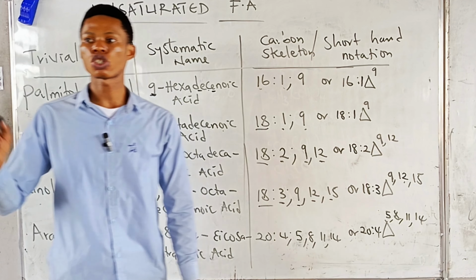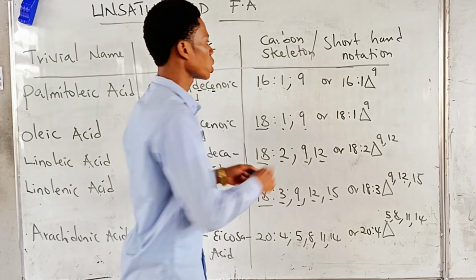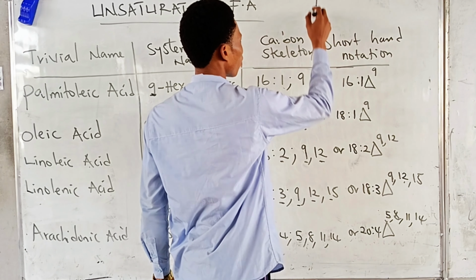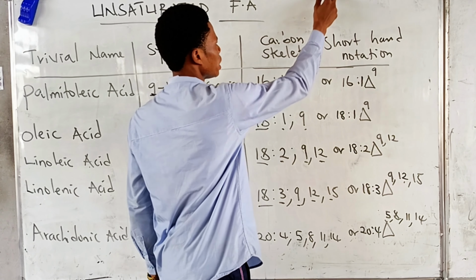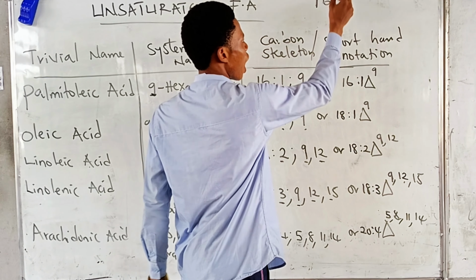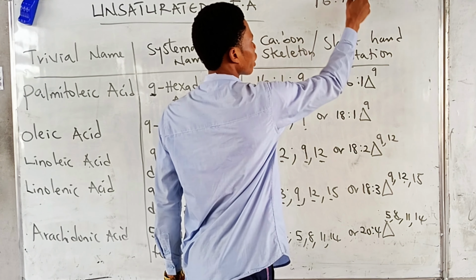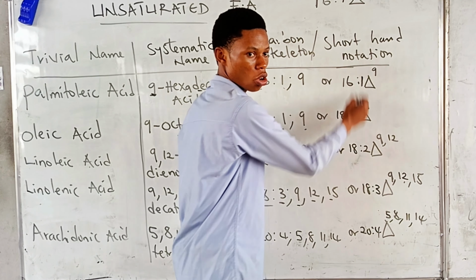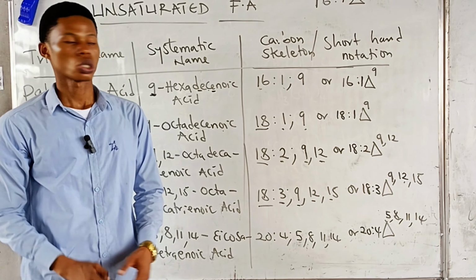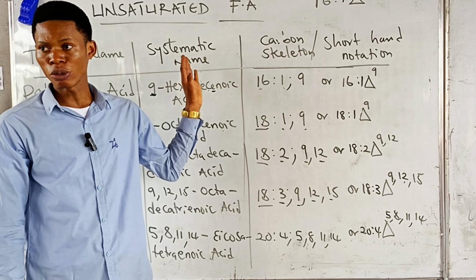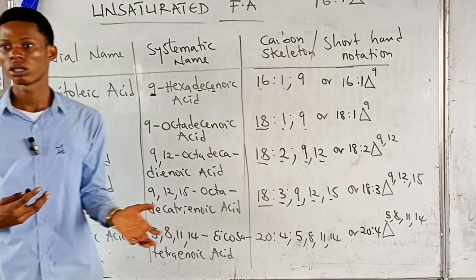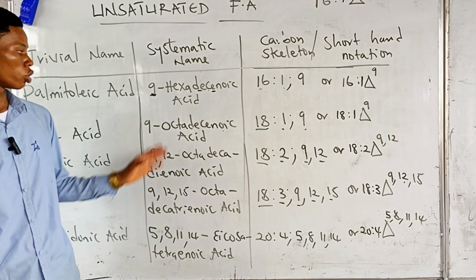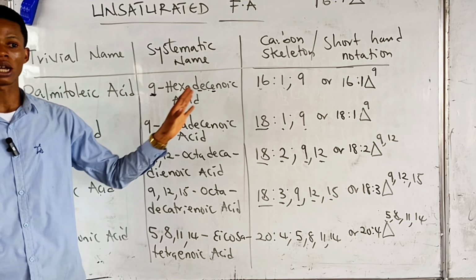So if you are asked to write the shorthand notation, always use this. Let's say for palmitoleic acid, 16 carbons, how many double bonds, on which carbon? These are called the shorthand notations. So are we okay with this? Can we draw them now? So write this down. If you're not done, then let's see how we can draw them one after the other.